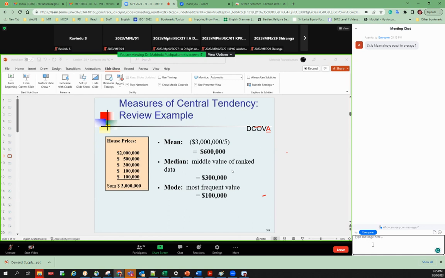Any other answer? So the mean is calculated by taking the total value and dividing by the number of items in the group. Yes. The median is taken using the equation 5 plus 1 divided by 2. Yes.